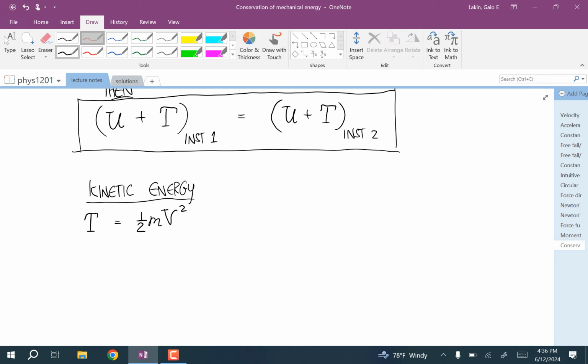And for a single object whose mass doesn't change, as it speeds up, the energy increases. For normal objects, the masses don't change as they move around and as time goes by. So as an object speeds up, its kinetic energy increases. That's really the simplest way you can think about how kinetic energy works.